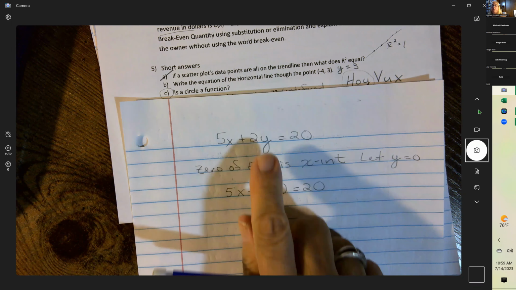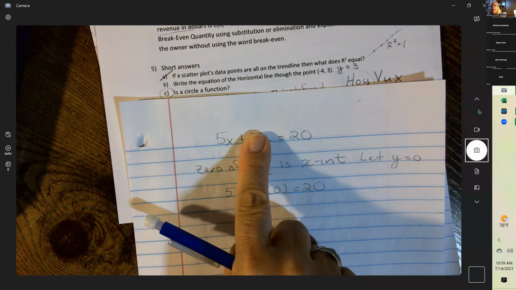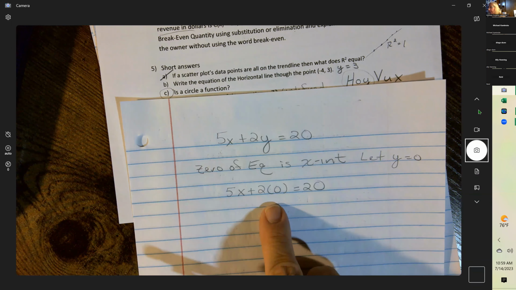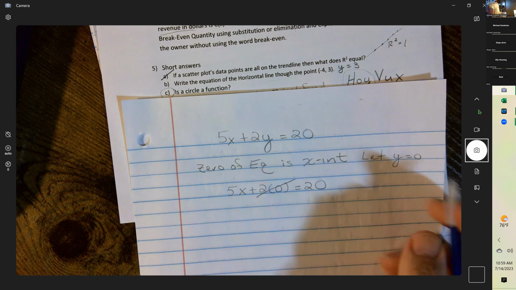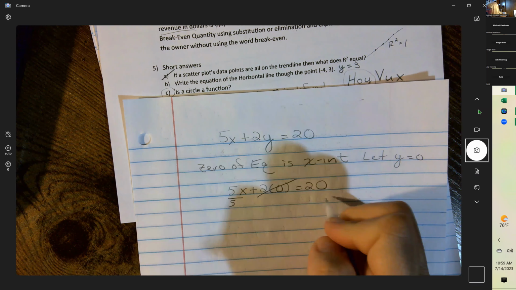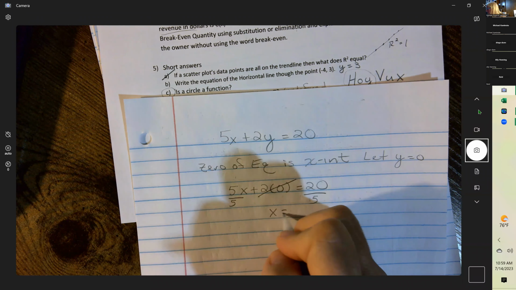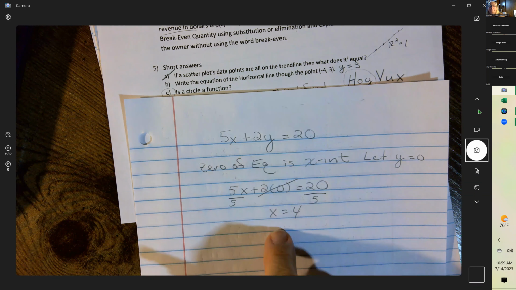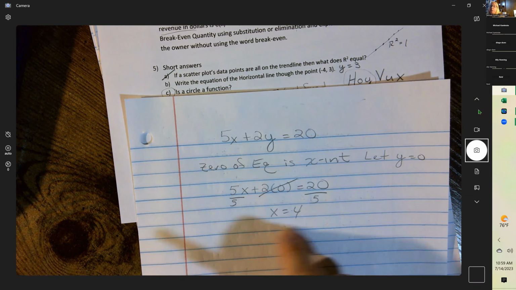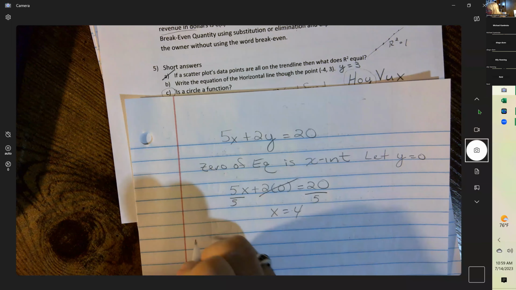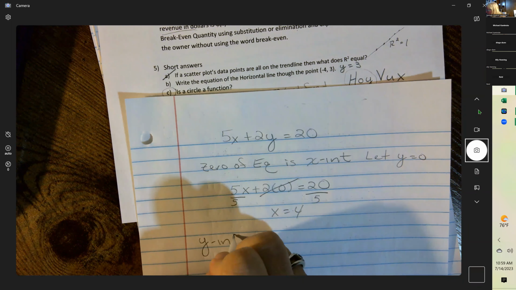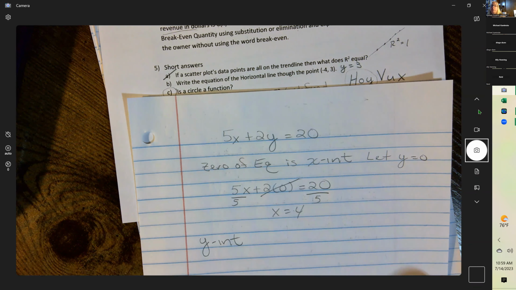Now you could just cover this because it drops out, divide by 5 and get 4. Or you can plug it in, this drops out. So the zero of the function is 4, the x-intercept is 4. Any questions on that?